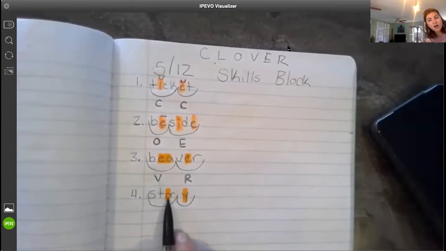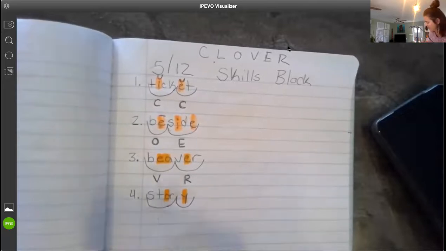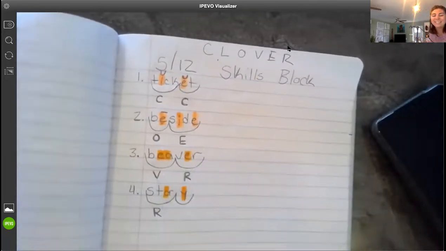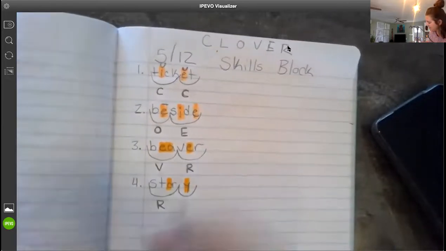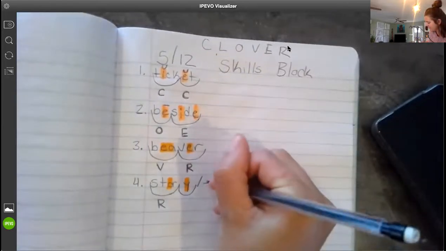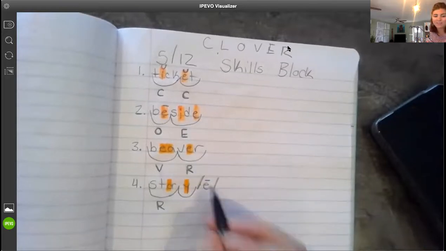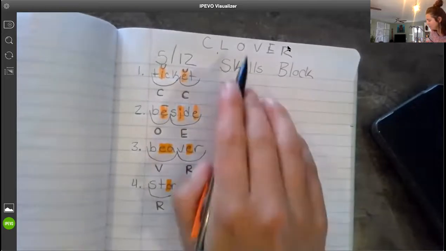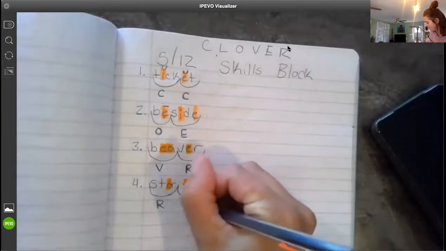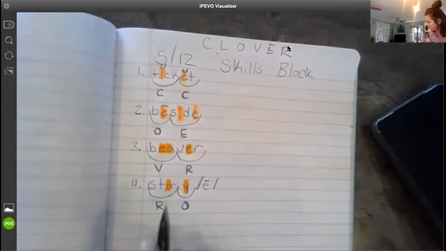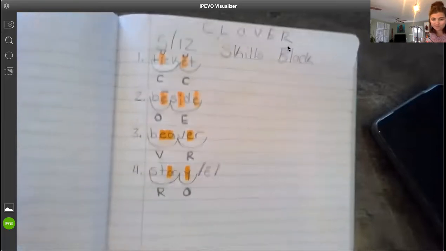Does it say ah? Does it say O? No, because there's an R following it, so it's going to be R controlled. And take a look at the Y. E. It's taking the place of an E that says its name, so it's going to have a macron. So we are going to classify that as open because it is a long vowel. So the first syllable is R controlled. The second syllable is open.